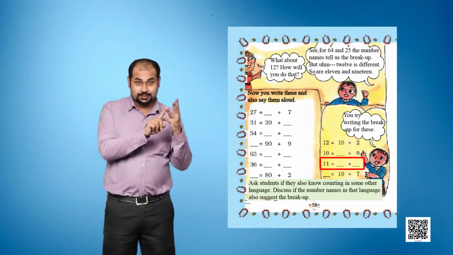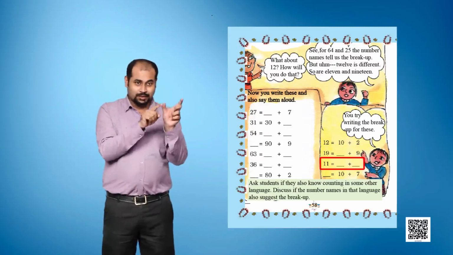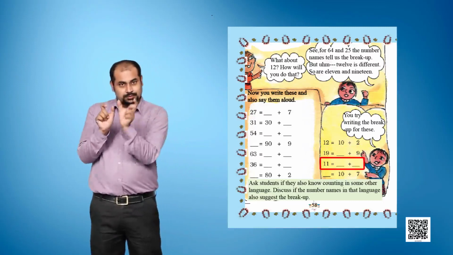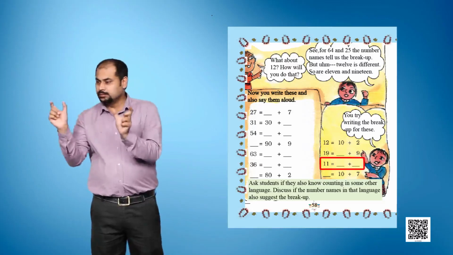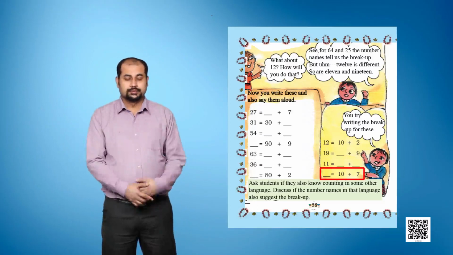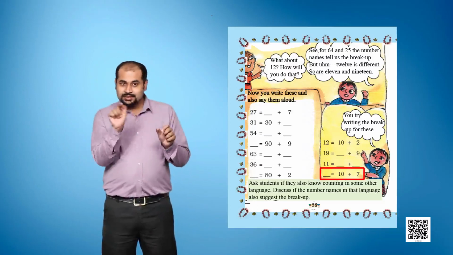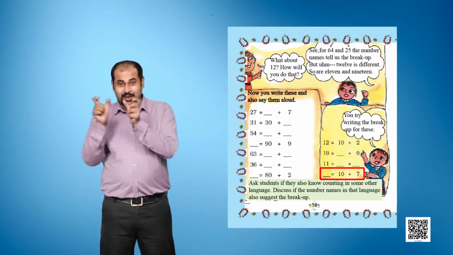Question 3. 11 is equal to dash plus dash. Question 4. Dash is equal to 10 plus 7.